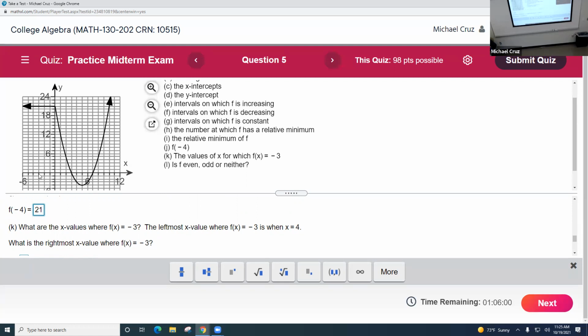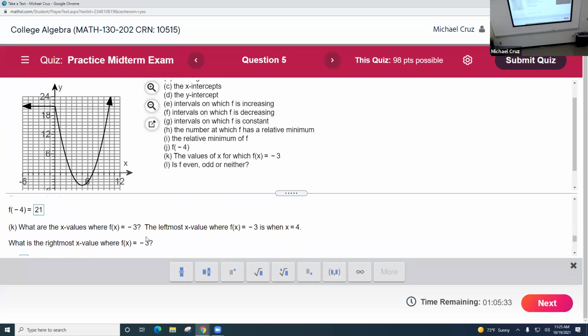Okay. Oh, hold on a second. Okay, when F of X is equal to -3. So what they want is the functional value at -3. So 1, 2, 3. So right there is 4. Okay, they tell us that.